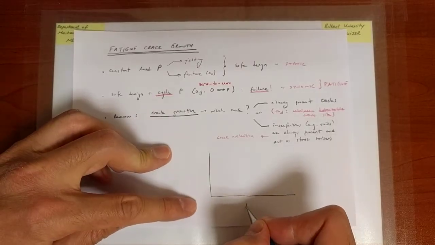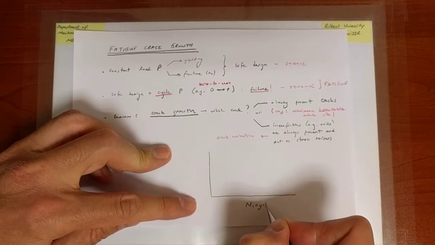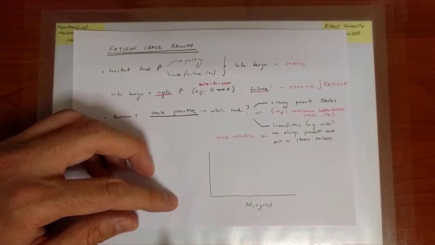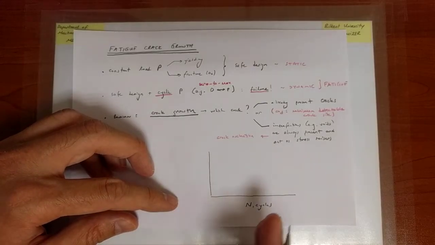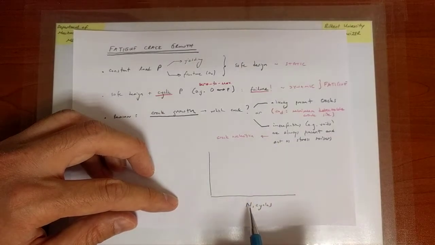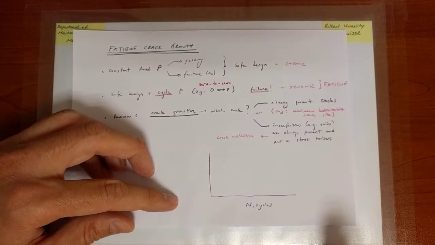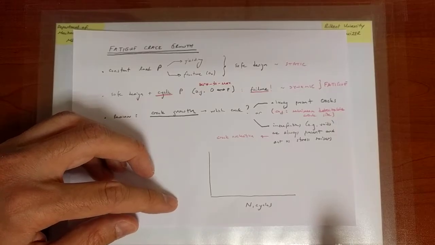So I can count the number of cycles, and that is a typical way with which one quantifies time in fatigue. The absolute time, in other words, whether you go through, say, 10 cycles in 1 hour or, let's say, 1 day, might actually have an influence on the physics.